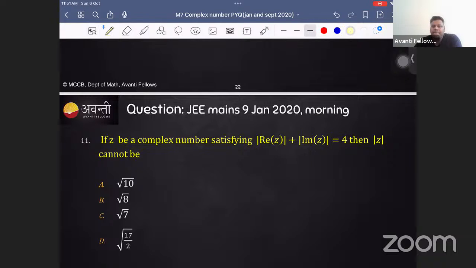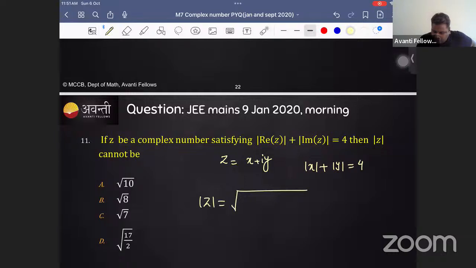So the question is this. If I assume z as x plus iota y, that means they are saying mod x plus mod y is equal to 4. Am I correct? Then magnitude of z. Magnitude of z is what? Under root of x square plus y square.